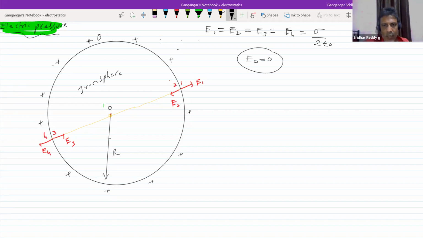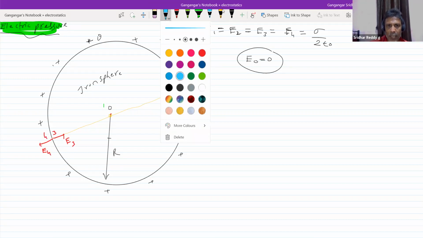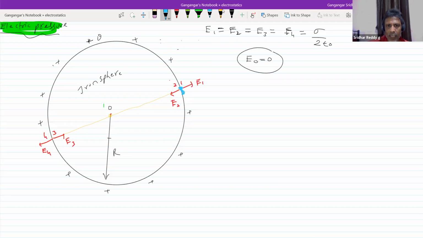Okay, let's come to that one. So what is the field now? Shall we assume that one? The charge present here, I'm going to show charge with the blue color. Will it experience any force due to E3? The charge dq which is present, will it experience any force? As it is. Similarly, the charge present at 4, will it experience any force due to E2?